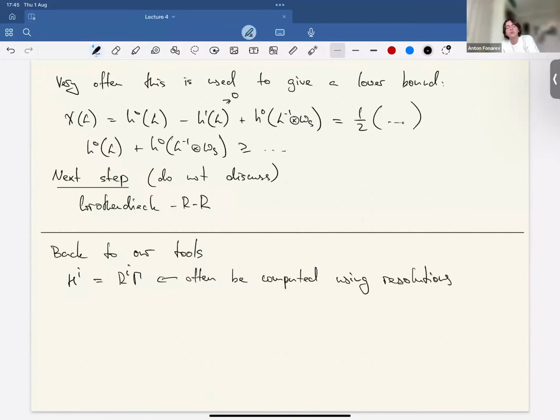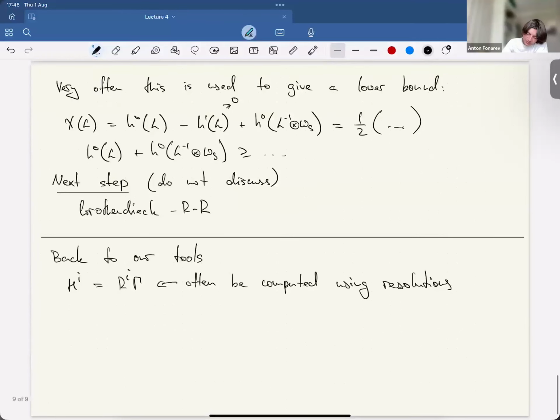Sometimes you choose an appropriate resolution, and if you choose a resolution by acyclic objects, then you can compute this via, technically, a degenerate spectral sequence, but this is what you do.